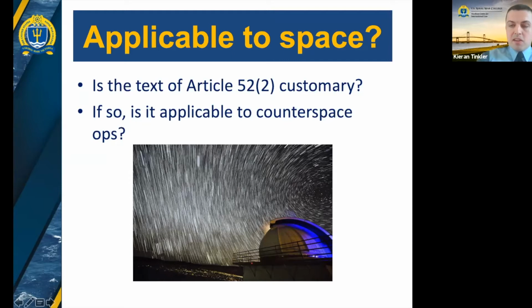However, that's a kind of misunderstanding of customary international law, in my view. If the state practice, consistent state practice, is that one must distinguish between military objectives and civilian objects, there's no reason to think that the opinio juris attendant to that was meant to restrict its application to just the Earth. I think we're on pretty safe ground that the test of military objective in Article 52.2 applies to operations in space as well as it does on the ground.